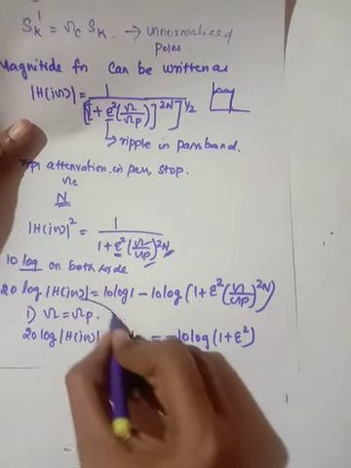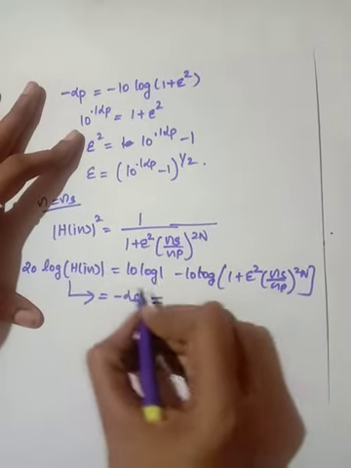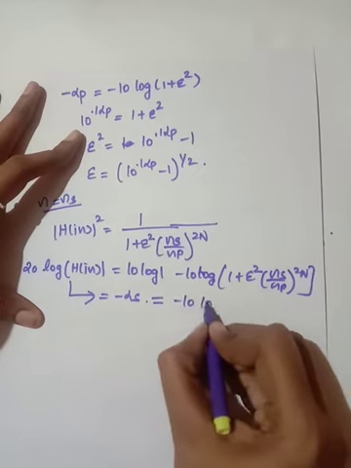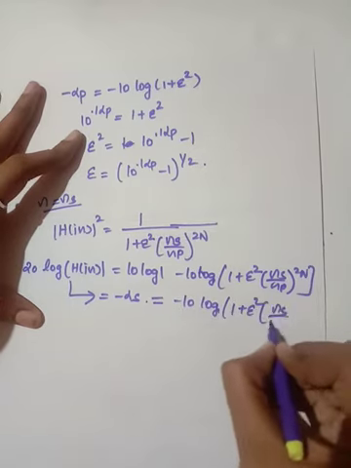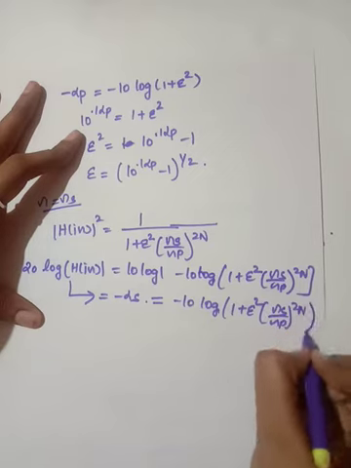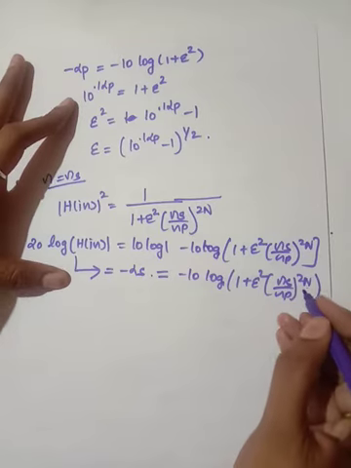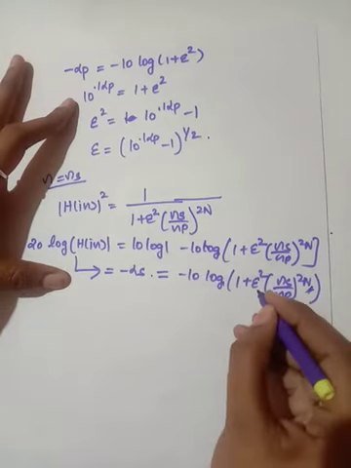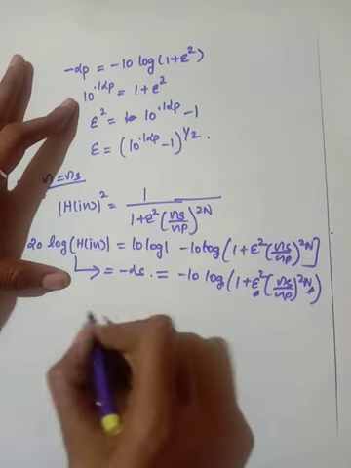So this is equating this to minus alpha p. Similarly here we are going to equate to minus alpha s, which is equal to minus 10 log of 1 plus epsilon square (omega s by omega p) the whole power 2n. Now here I need to find out n, because I know the value of epsilon. After substituting epsilon here I am going to find out 2n.